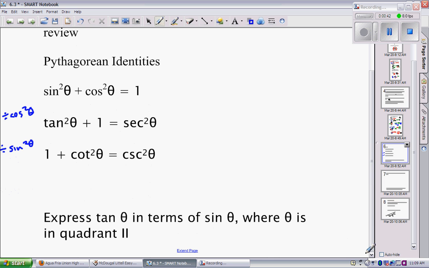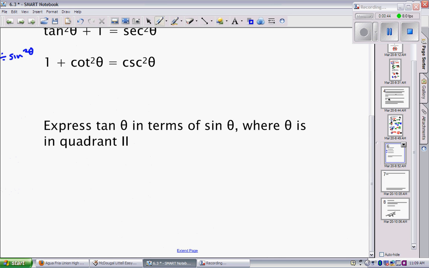So we've done one similar to this last chapter. We're going to express tangent in terms of sine, where theta lies in quadrant 2. So we want tangent in terms of sine. Tangent of theta is really sine theta over cosine theta.